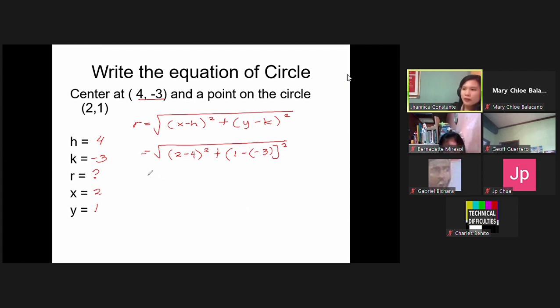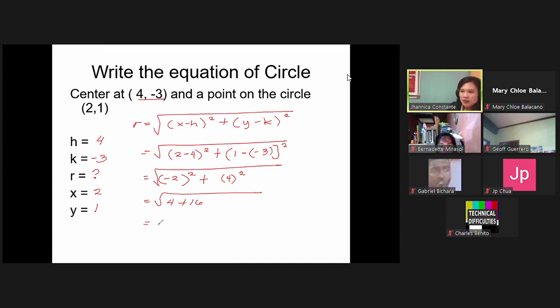Perform the operation inside of the parentheses. So we have the square root of 2 minus 4, which is equal to -2, squared, plus 1 minus -3, which is equal to +4, squared. So the radius is equal to the square root of 4 plus 16.